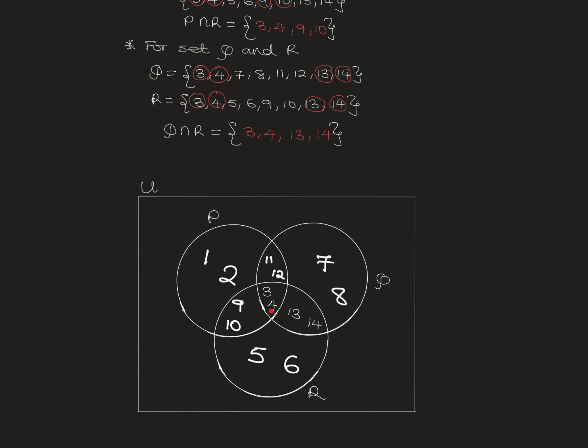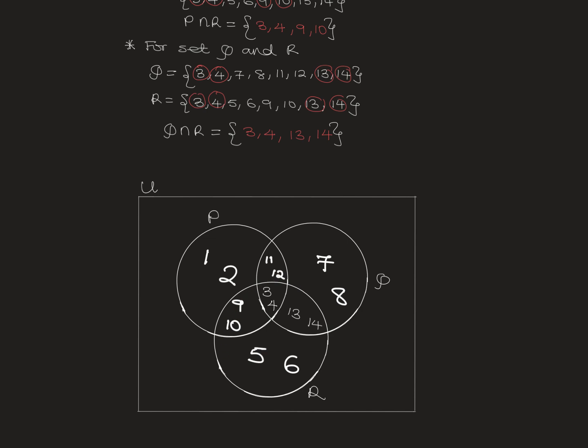We have 3 and 4. We have 5 and 6. We have 9 and 10. We have 13 and 14. So all the members for set R are here. Okay, so this circle is for set R.